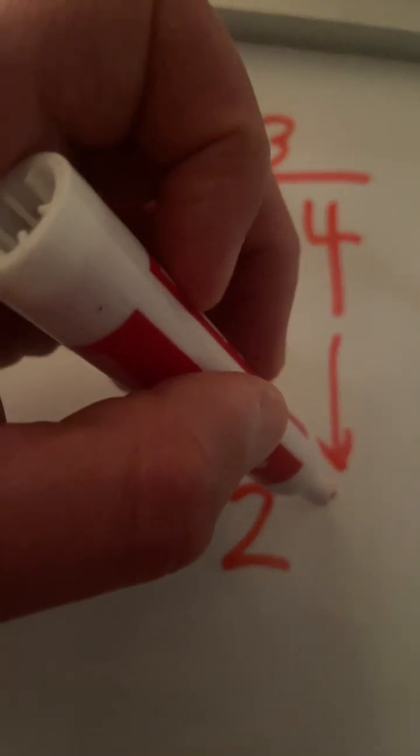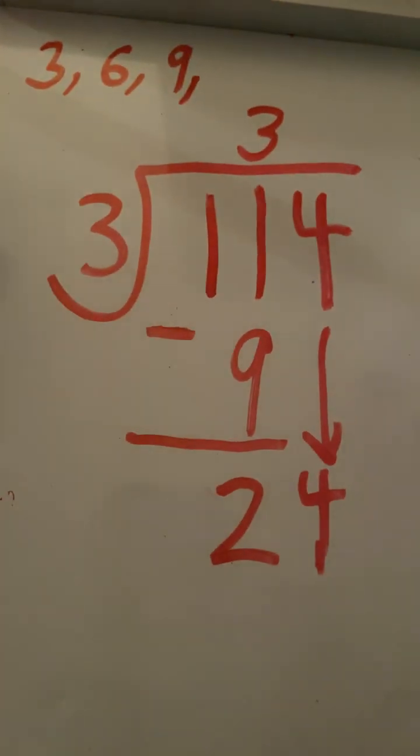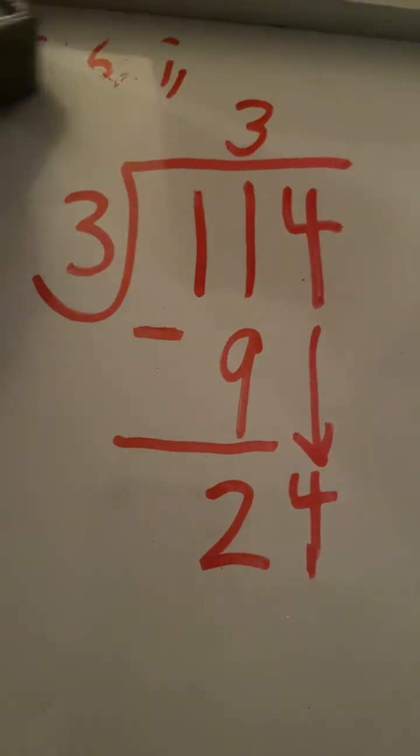Going to bring down the 4. Now I have to figure out how many groups of 3 go into 24.